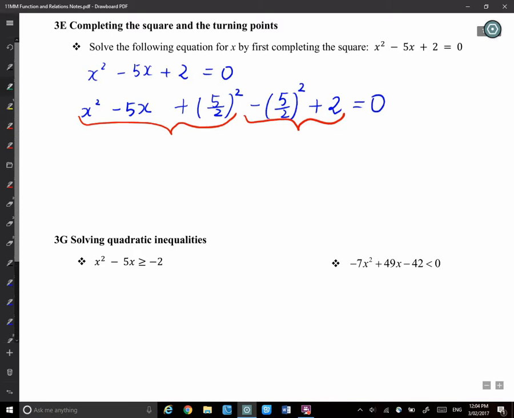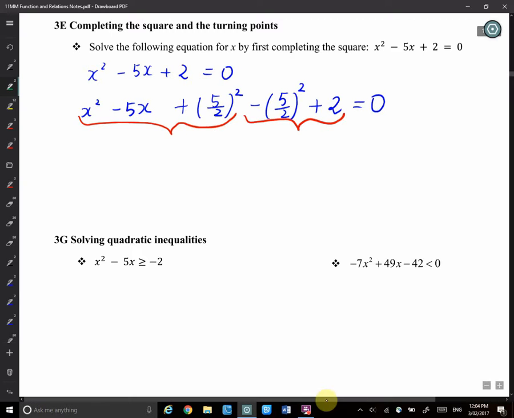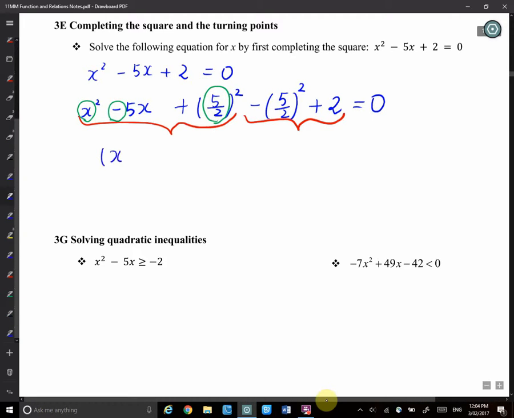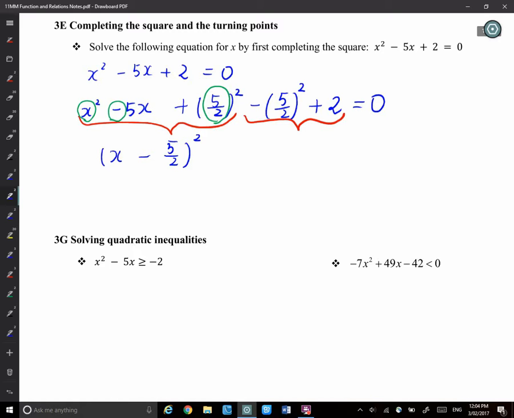For the first 3, what will I take? I will take the first term x, the second term's sign, and the third one, and put them in the bracket. So I will have x minus 5 over 2, whole thing squared.